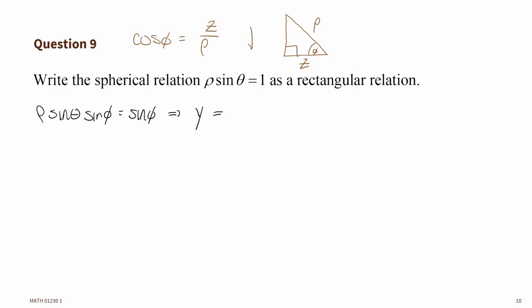What was it? The Pythagorean theorem: the hypotenuse squared minus the other side squared. What minus z squared?